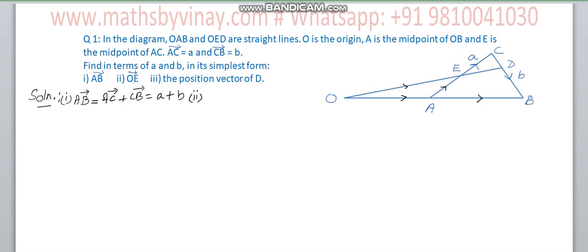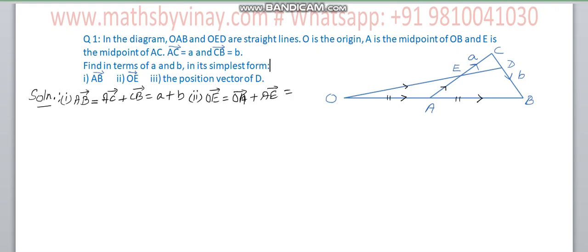We have to find the value of OE. OE is the resultant of OA and AE, so we will write OE as OA plus AE. As you see, OA, this length, is equal to the length of AB, and they are in the same direction.